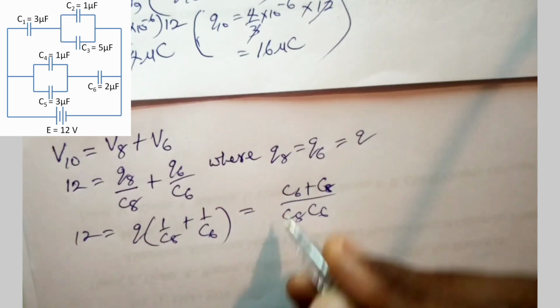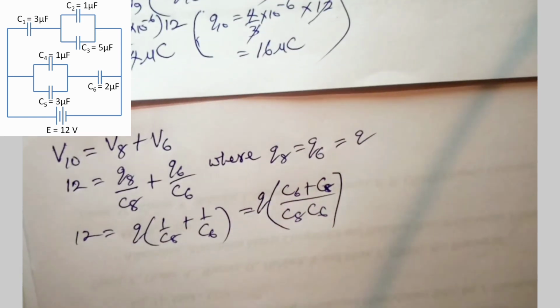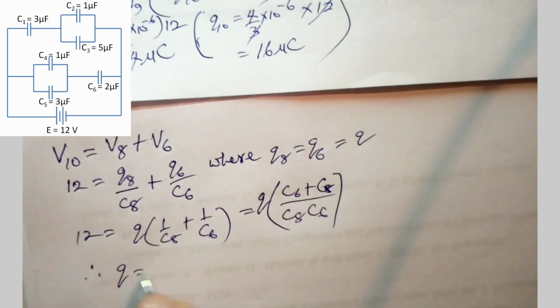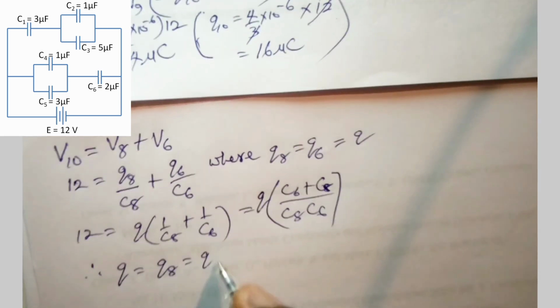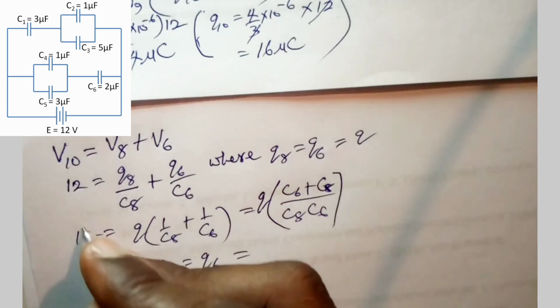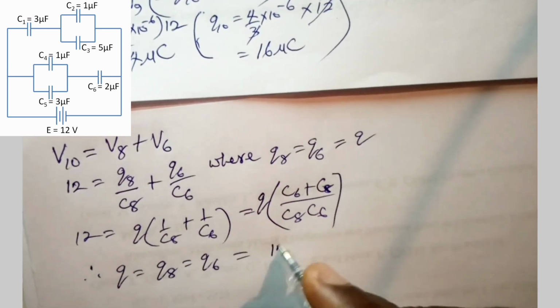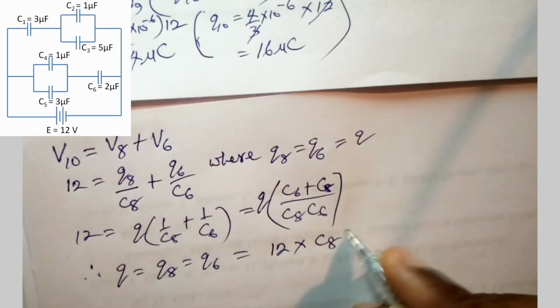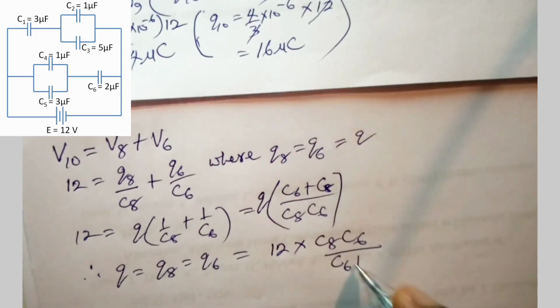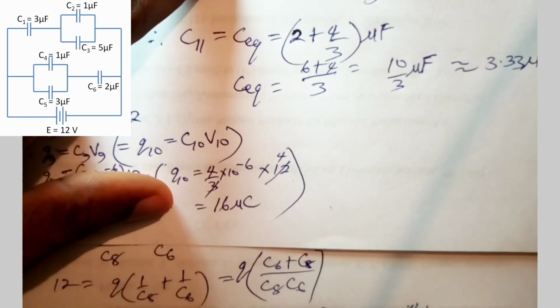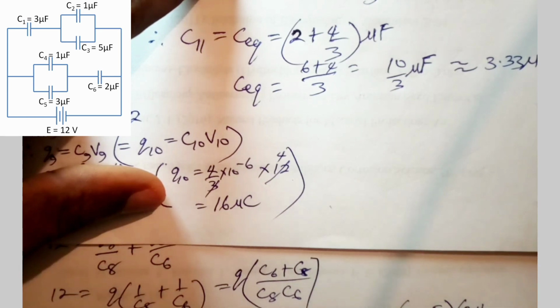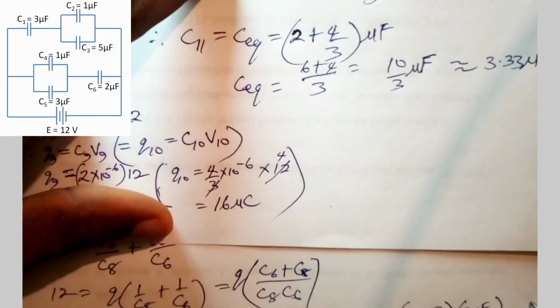So Q is equal to Q8, which is equal to Q6, and it's equal to 12 times C8 C6 over C6 plus C8, and that will give 4 microfarad times 2 microfarad all over 6 microfarad times 12.